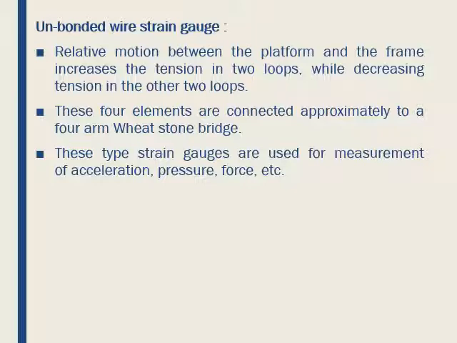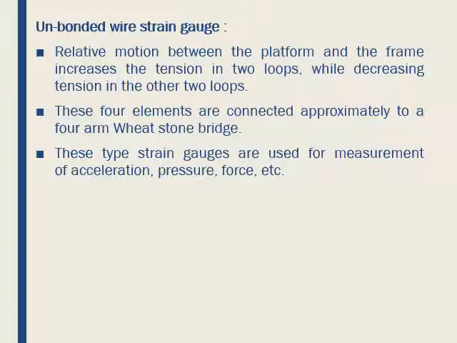The major advantages are that, because of its radial symmetry, spurious transverse forces are cancelled, and there is very low hysteresis and creep in unbonded type strain gauges. Force summing and force sensing components can be integrated here.